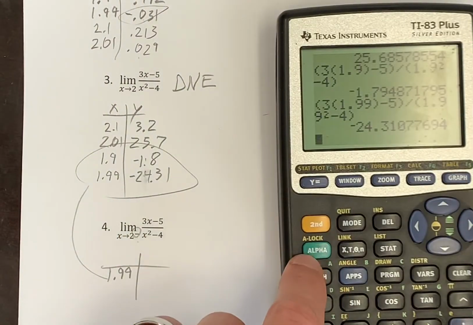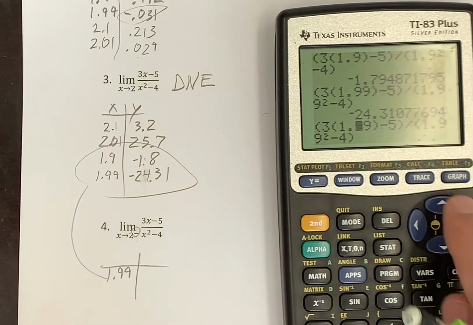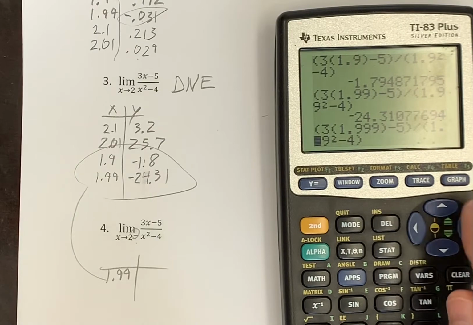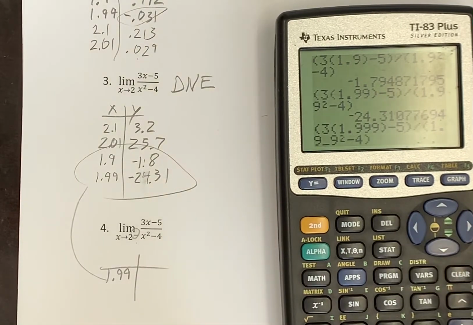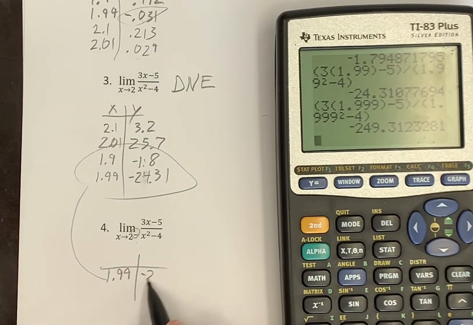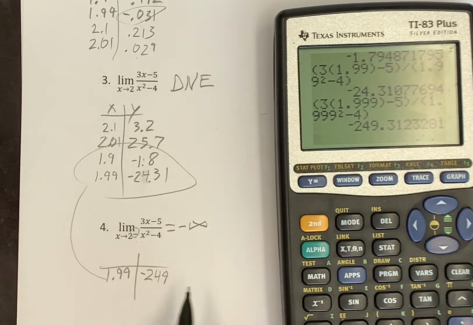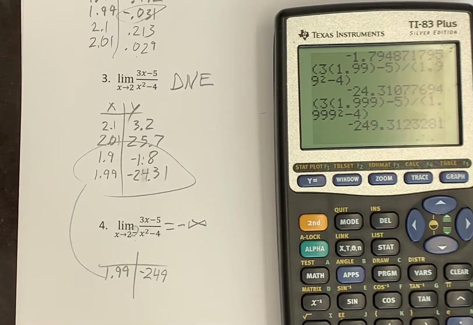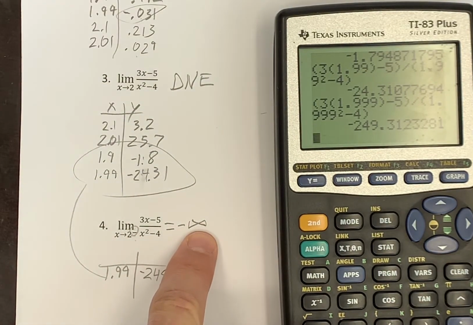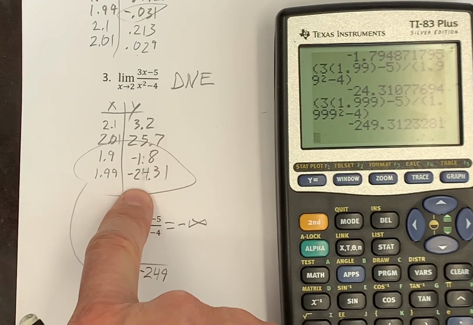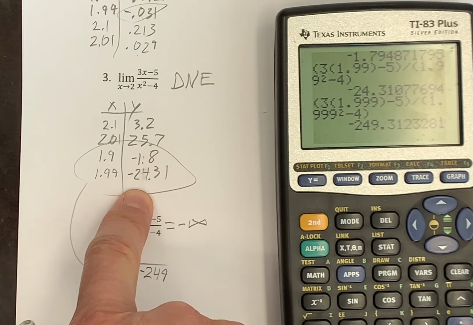So let's try this with another 9 there. And in fact, negative 249, this is actually going towards negative infinity. You could say it doesn't exist, but it's going a very particular way. Whereas this is going two opposite directions, depending on which direction you come from. Hope that helps.